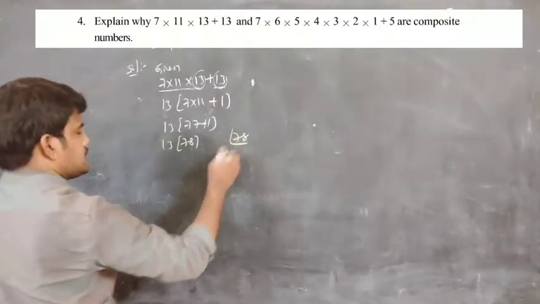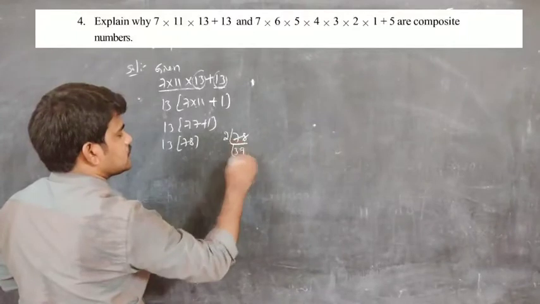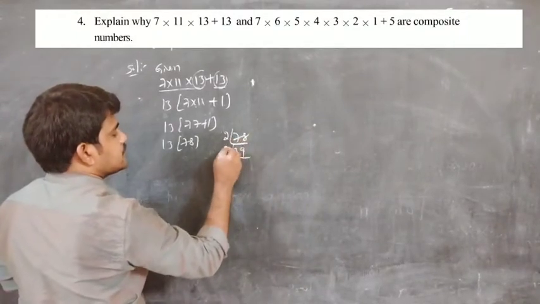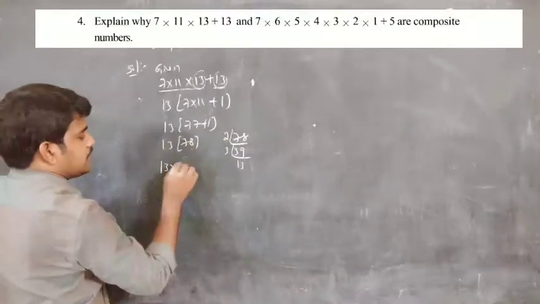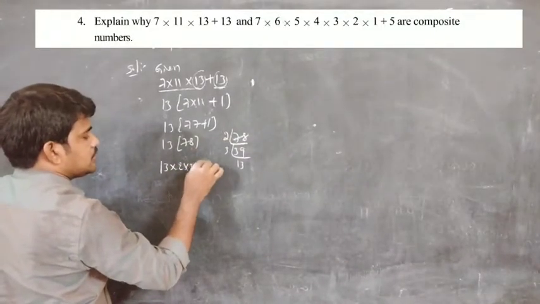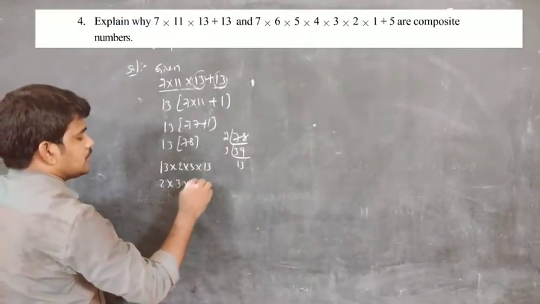Now 78 is written in the form of 2 threes are 6, 2 nines are 18, so 3 thirteens are 39. So 78 is written in the form of 2 into 3 into 13. So 13 into 78 is 2 into 3 into 13 into 13.